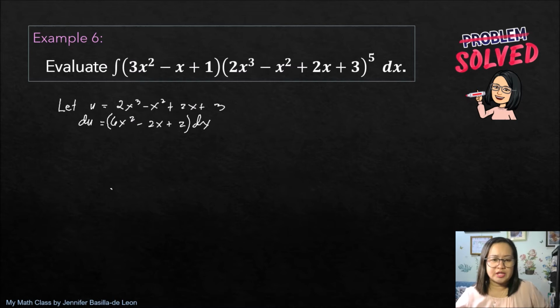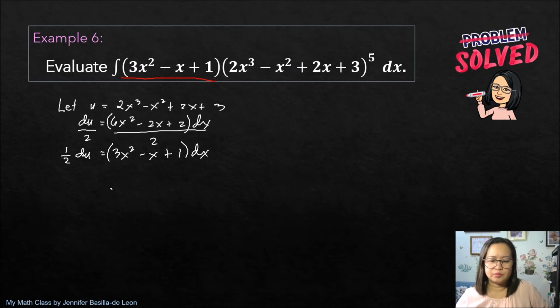Now we can reduce by dividing both sides by 2, so we will have 1/2 du equals (3x squared minus x plus 1) dx, which is equivalent to this expression. Take note, we can replace (3x squared minus x plus 1) dx by 1/2 du.